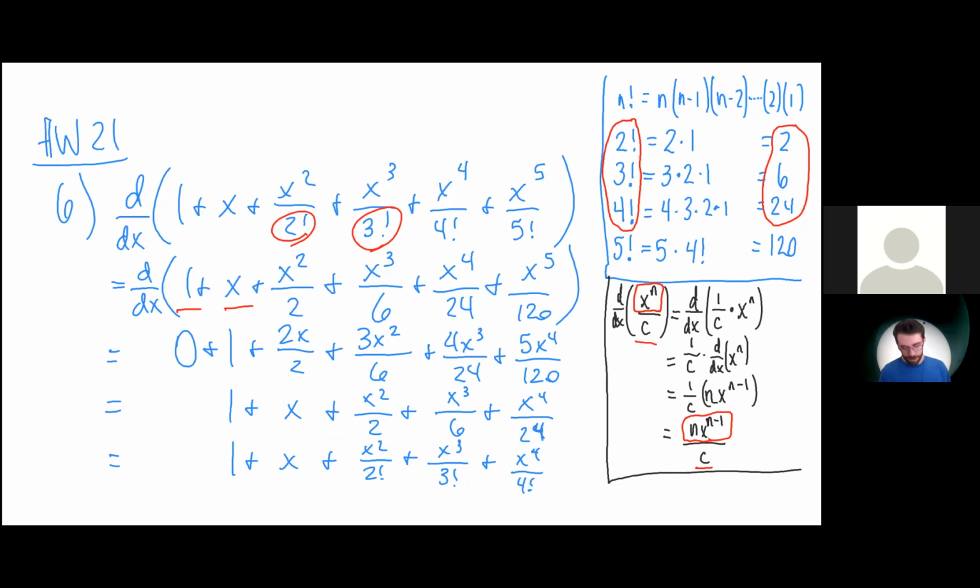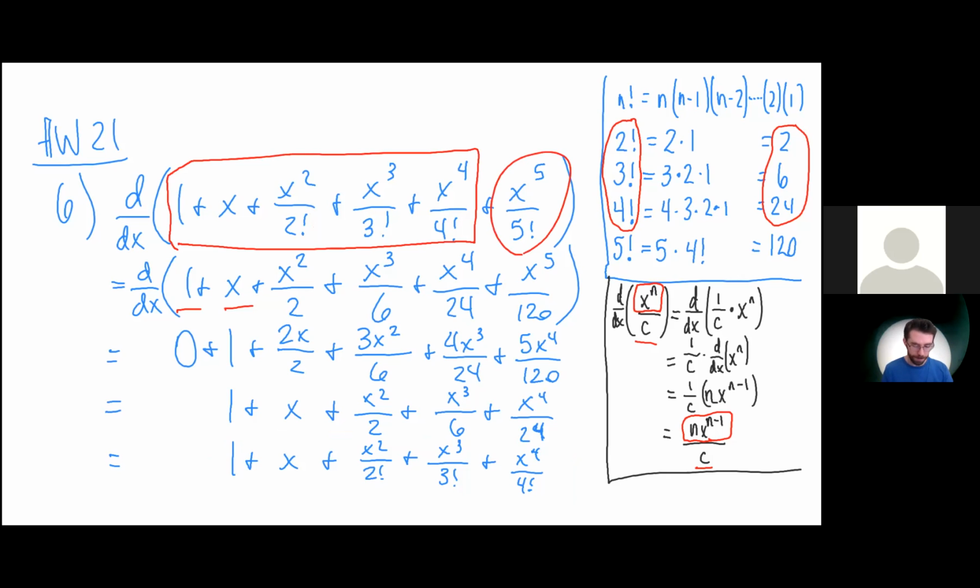Okay, we're back, and it looks exactly the same as what we started with, except for the last term is different. So we started with this plus an extra term of x to the 5th. And that is what we end up with, right? Basically, the only term that went away was the x to the 5th over 5 factorial.